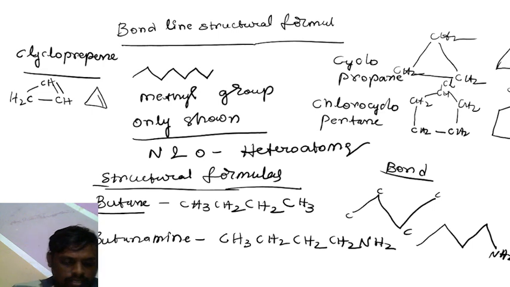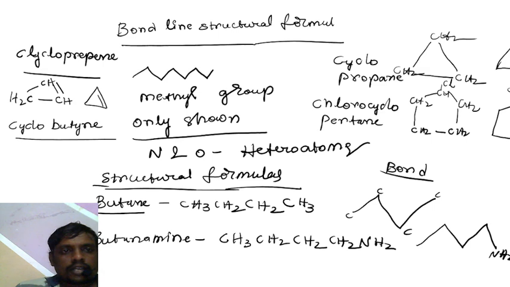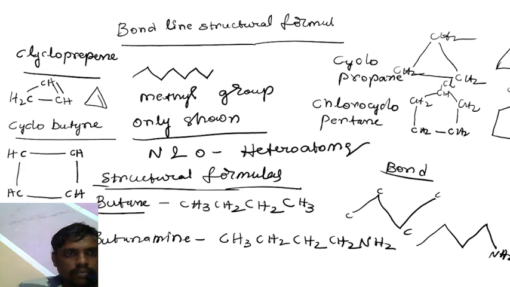Cyclobutane. How to mention cyclobutane? One more structure, cyclobutane. Butane means how many carbons will be there? 4 carbons will be there. Here also carbons, and here one more carbon, so in total we get 4 carbons.